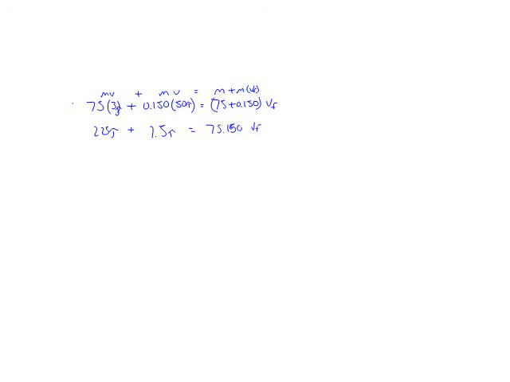I'm solving for vf here, so 225 divided by 75.15 gives me 2.99 j hat plus 7.5 divided by 75.15, giving me 0.0998. So we'll just round it up to 0.1. This is i hat, sorry.